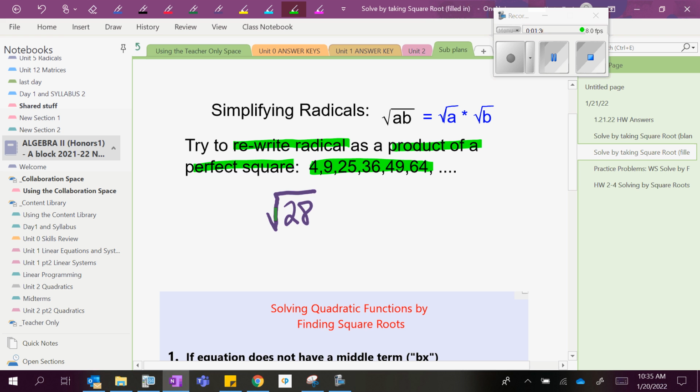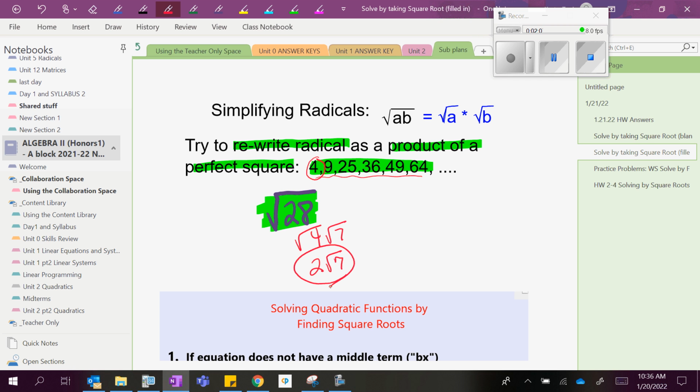But when we want to simplify, like radical 28, we want to look at this list and find the biggest perfect square that is a factor of 28, and we can see that would be 4. So we rewrite this as the product of 4 and 7. Again, it's best practice to always write the perfect square first, because then when you simplify it, radical 4 is 2. You can't do anything with radical 7. So we simplify radical 28 to 2 radical 7.